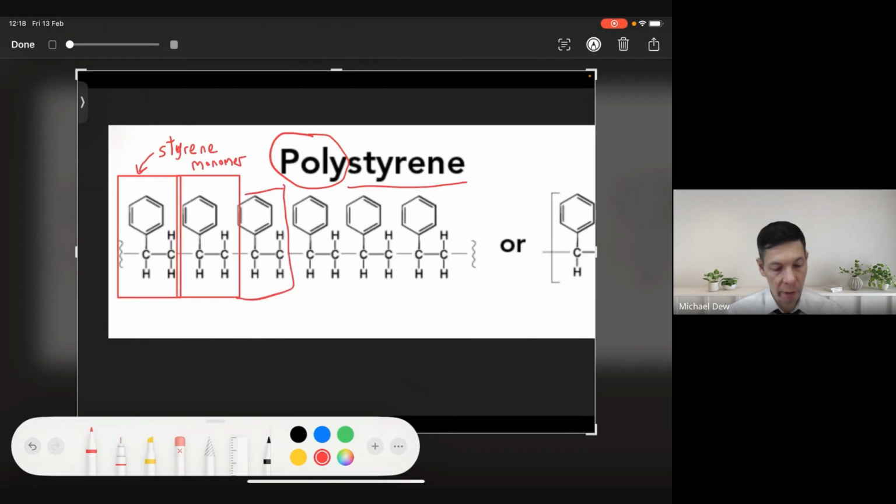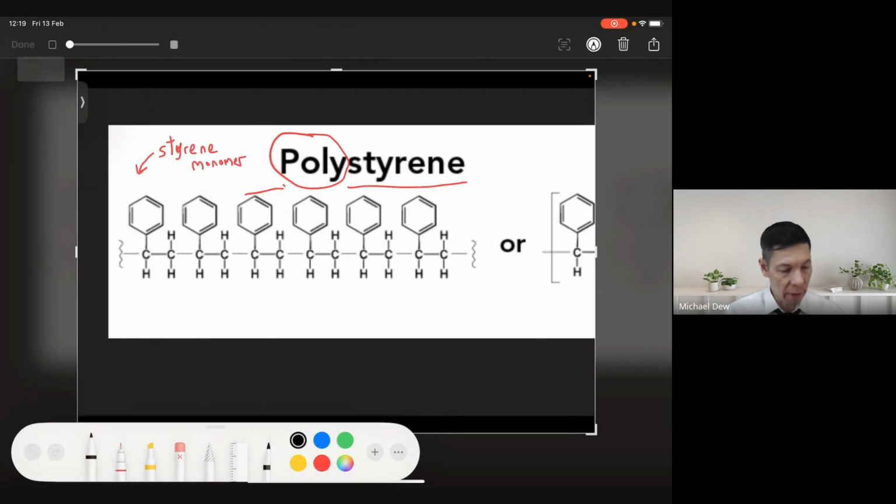So how many monomers? 3, 4, 5, 6. Okay, so we use 6 styrene monomers to make this polystyrene molecule. They'll be connected. So what does the monomer look like? Well, remember the monomer is going to need to have a double bond. Okay, so maybe we can just take a look here on the right side.